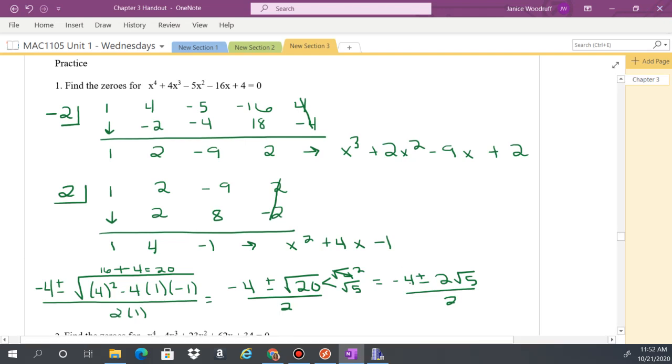So I'm going to have, let's see, 4 divided by 2 would be 2. 2 divided by 2, 1. So -2 plus or minus radical 5. So then my 4 zeros are going to be -2 plus or minus radical 5, and then also -2, positive 2.